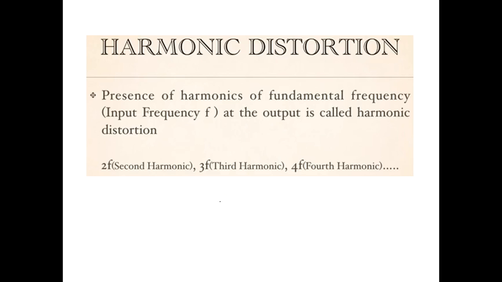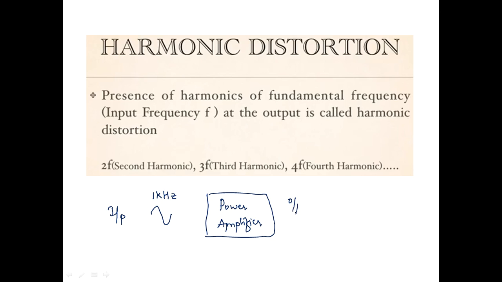What does that mean? Say for example, if I have a power amplifier, and to this particular power amplifier I am applying an input signal of 1 kilohertz, and at the output side I want the same signal of a higher strength, a high power signal, but I want this particular output with the same frequency, 1 kilohertz.